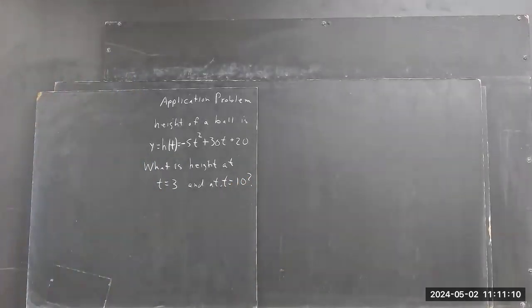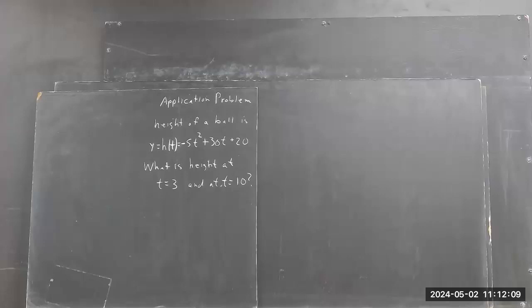Now, this is a review. We want to get as much done as possible. So unlike most classes where I ask you to get your hands on it and do it, I'm not going to give you much time to do that. Just write out what you think the expression would be for the height. How would you get the height at t equals 3? How would you get the height at t equals 10? Or you could just tell me, because there aren't that many of you here today.